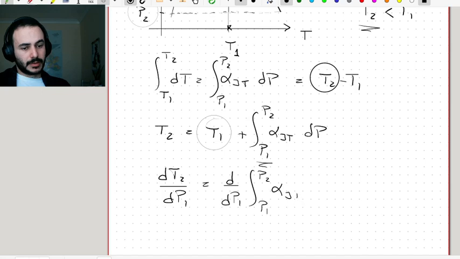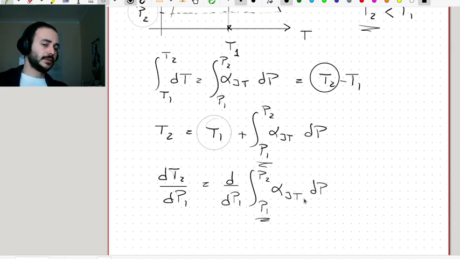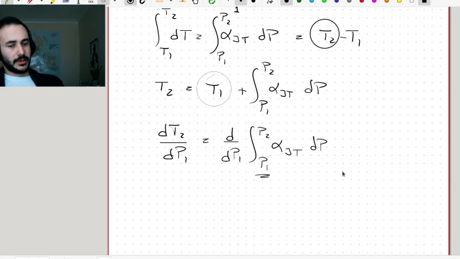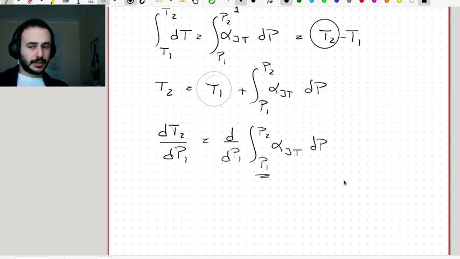So remember, when you have an integral and you take the derivative with respect to the limit of the integral, then you have to use the Leibniz formula, or the rule for taking derivatives under the integral sign. You have the general expression in the lecture notes. It's very easy.